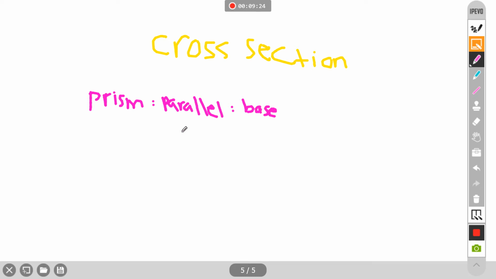If you do a perpendicular cut, that's a little bit different. Let's erase that. So if we do a perpendicular cut, then that's going to give us a rectangle always. Prisms are made up of a bunch of rectangles connecting to their base shape.